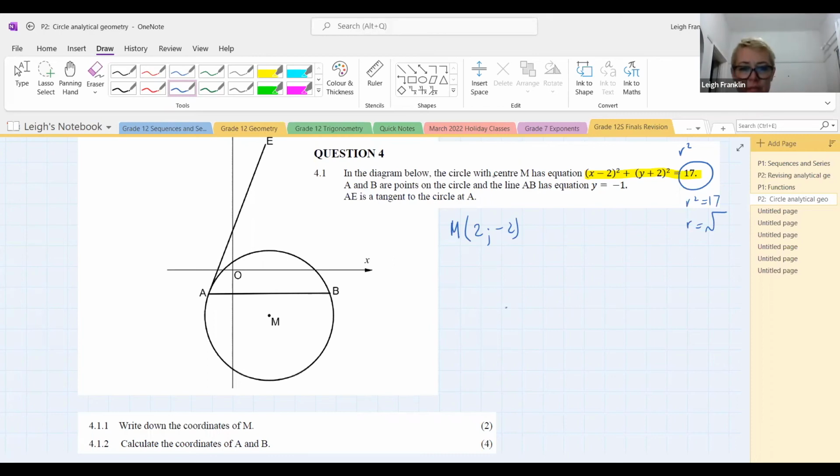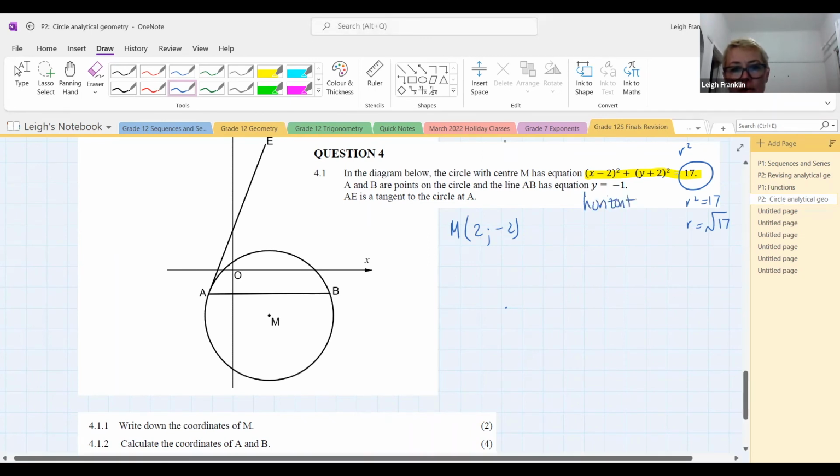Yeah, 100%. So the other thing that they tell us is that A and B are points on the circumference and the line AB has an equation y equals -1. So we know that both A and B have a y coordinate of -1. Y equals -1 is the equation of a horizontal line.